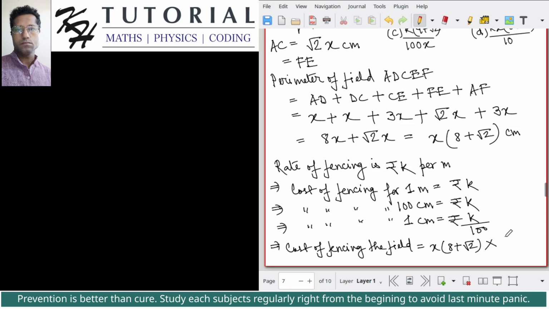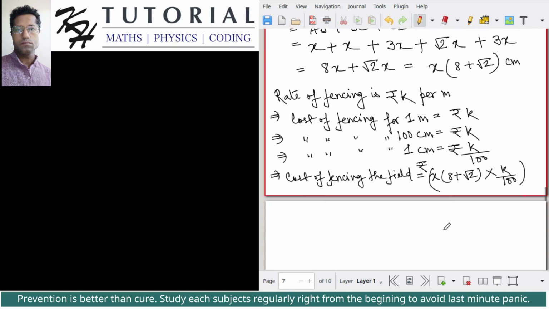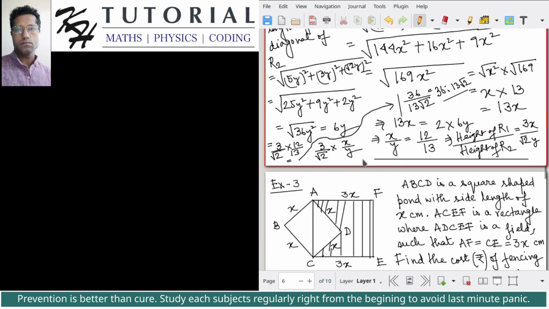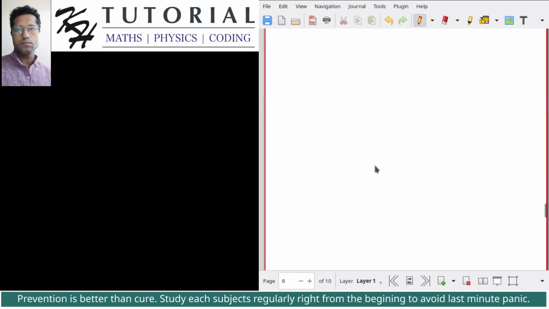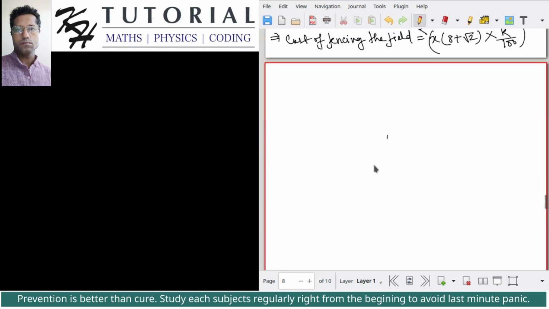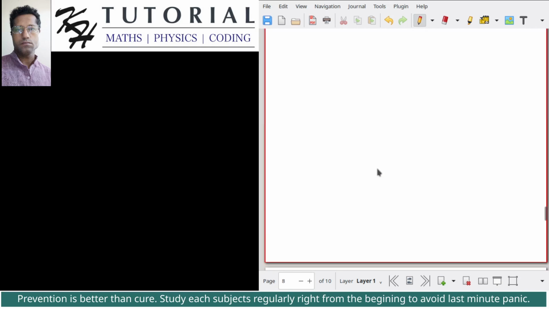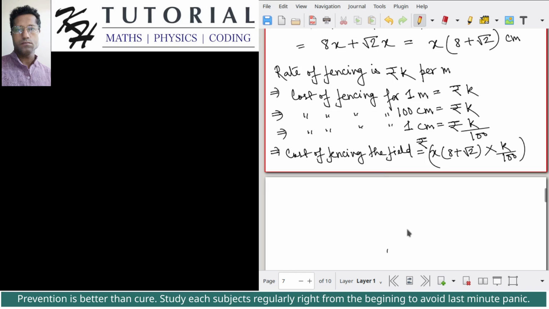This is equal to K by 100. This much rupees. Okay. So this much rupees.